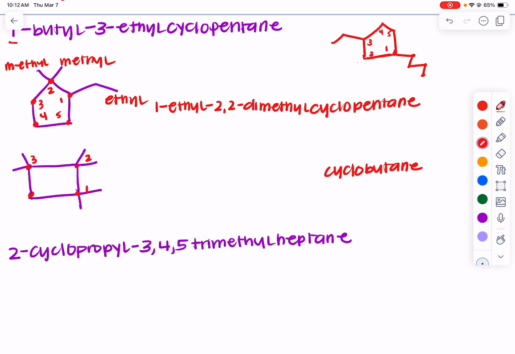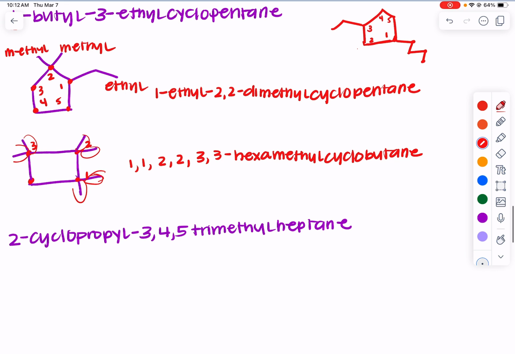If we name it based on our carbons in red, we have 1, 1, 2, 2, 3, 3, hexamethyl cyclobutane. Lots of numbers here, but each of these has 2 methyl groups. So our name looks pretty much correct.